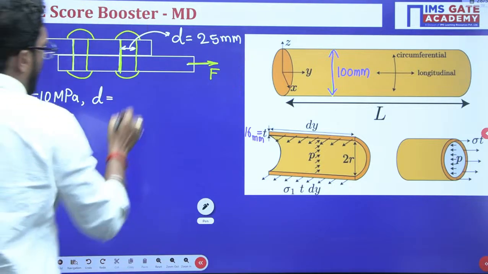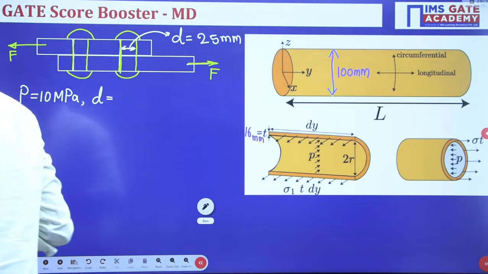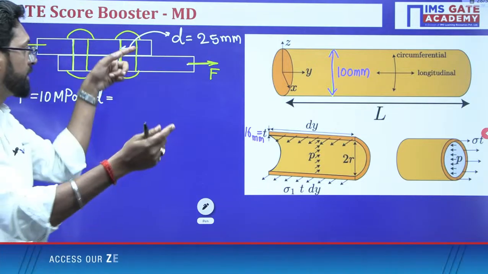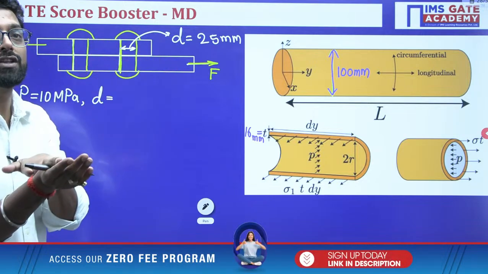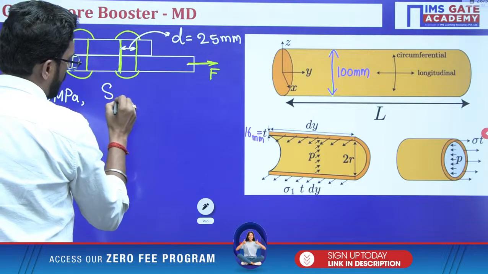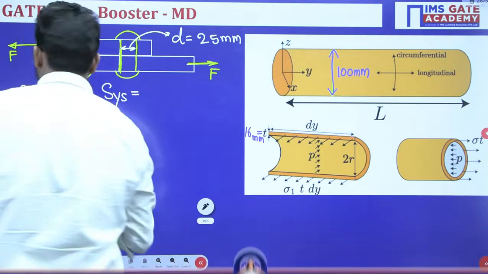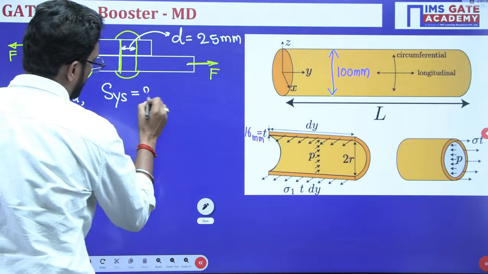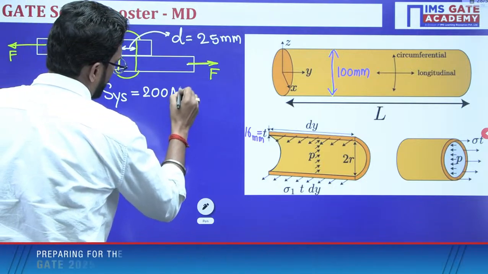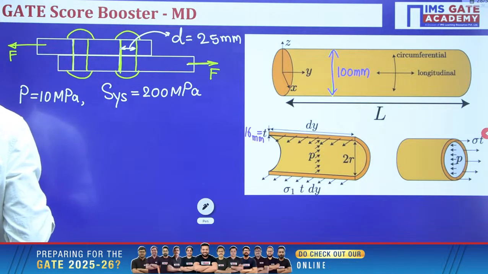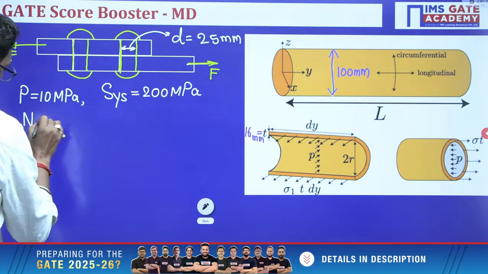We know that when there is a lap joint, the rivet will fail in shear. The shear strength value SYS is given as 200 megapascal, and the factor of safety is 2.